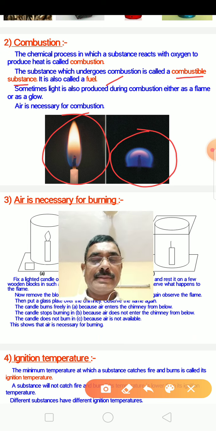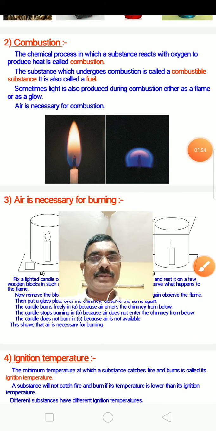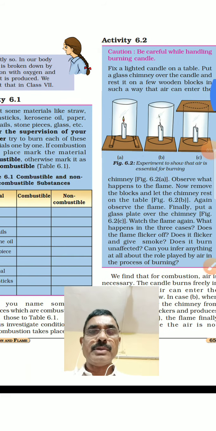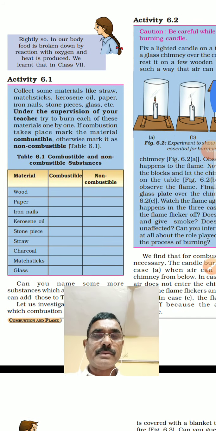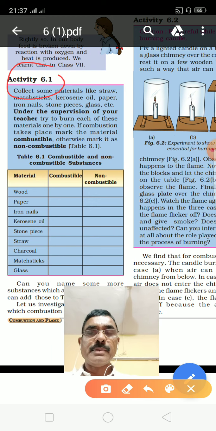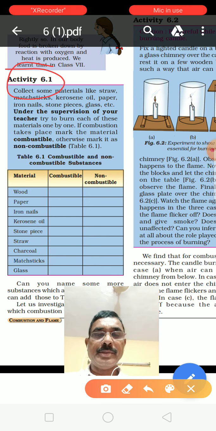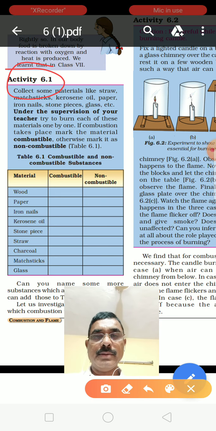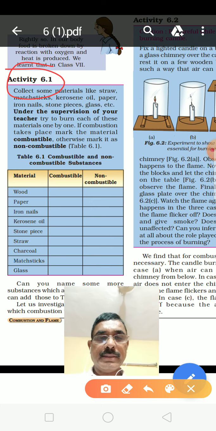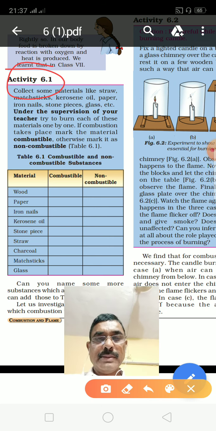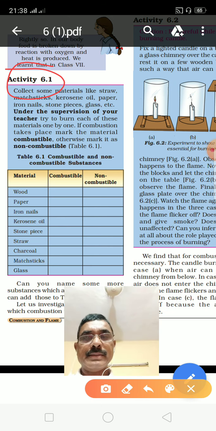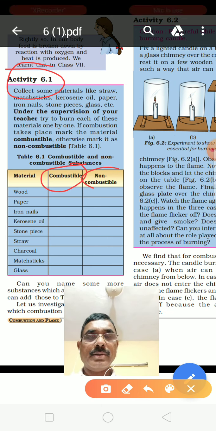So let us discuss some activities that are given in the textbook first. Coming to activity 6.1, we need to prepare a table and list down the materials that are available around us, and then classify them as combustible or non-combustible.